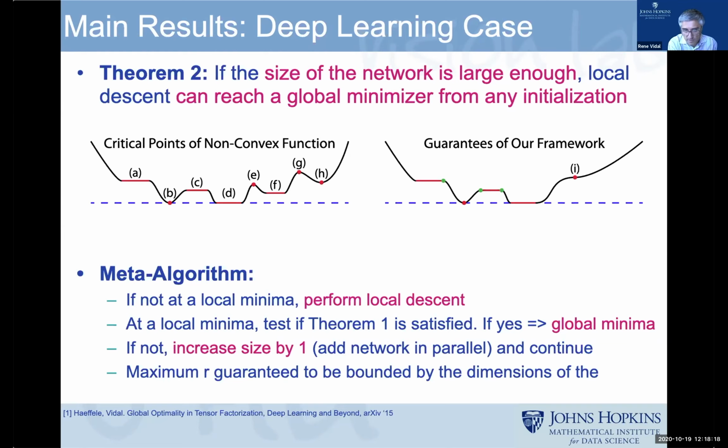Once you find the local minimum, you will check if it has 0 weights. If yes, then you're done. If no, you continue. And by continue I mean you add one extra parallel subnetwork and you repeat the process. And by doing so, eventually you will be guaranteed that after a finite number of additional subnetworks, you will find a global minimum.